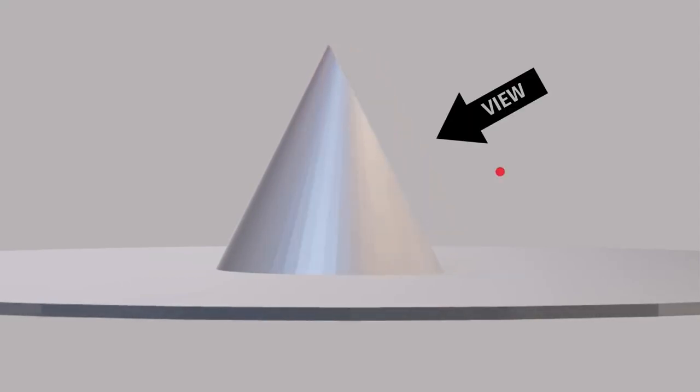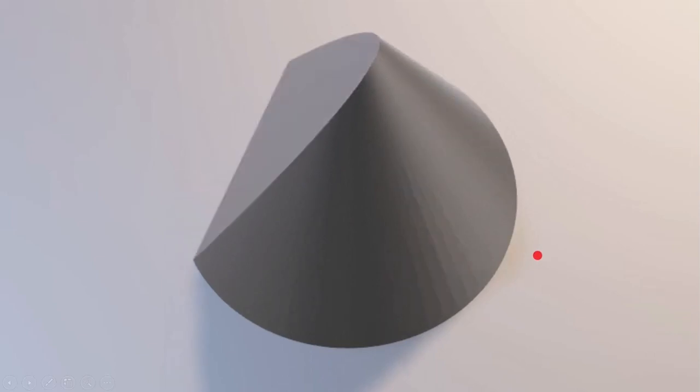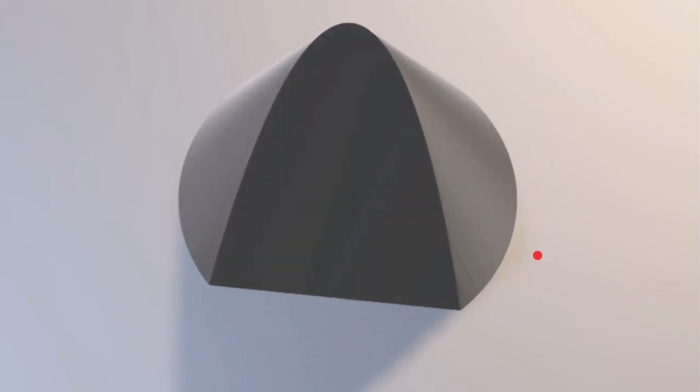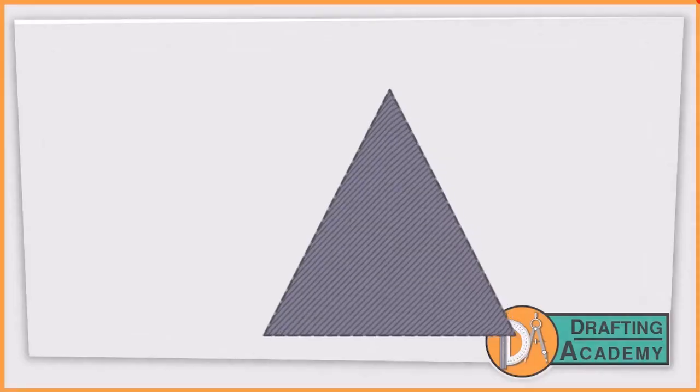When we look in the direction of the arrow, such that we are perpendicular to this surface that has just been formed, what we're going to see is a parabola. A key thing you notice about the parabola is that it doesn't close, it doesn't form a shape like a circle. It's open on this end.